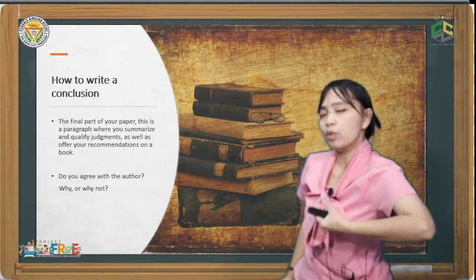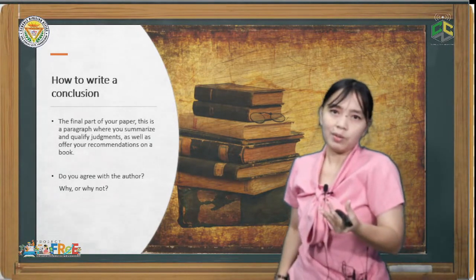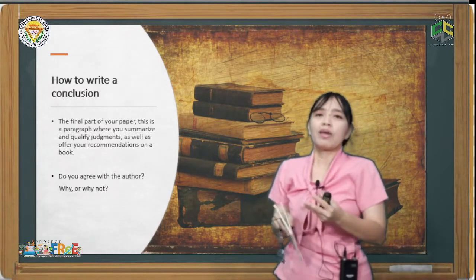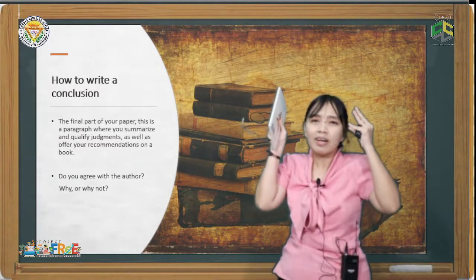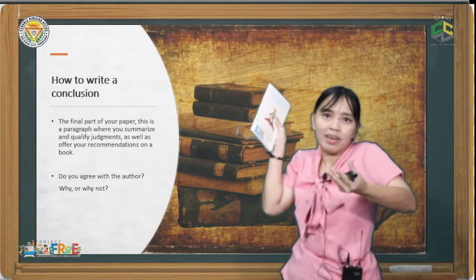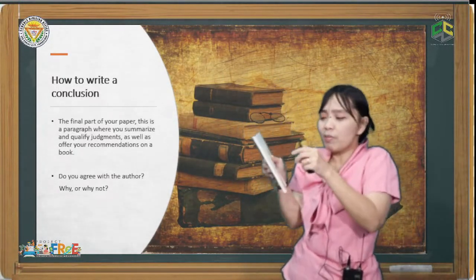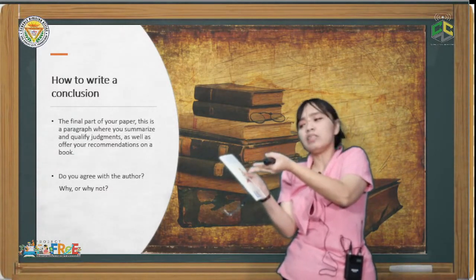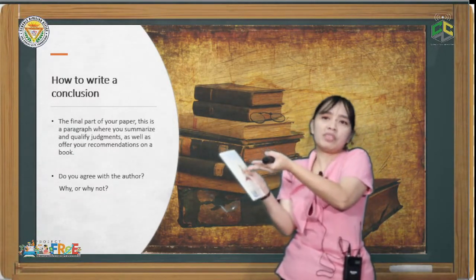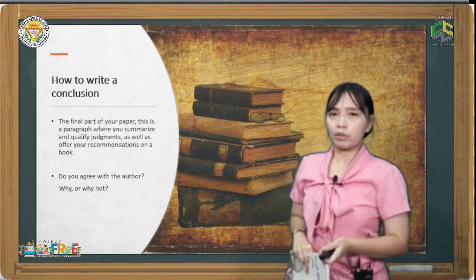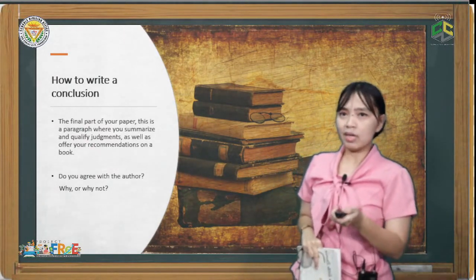You have to do it keenly, so that the readers, like they're coming up with a magnifying glass, will be able to know, I think you're right, or, I don't absolutely agree with what you have said. So, these are the things that you can add when it comes to writing a conclusion.